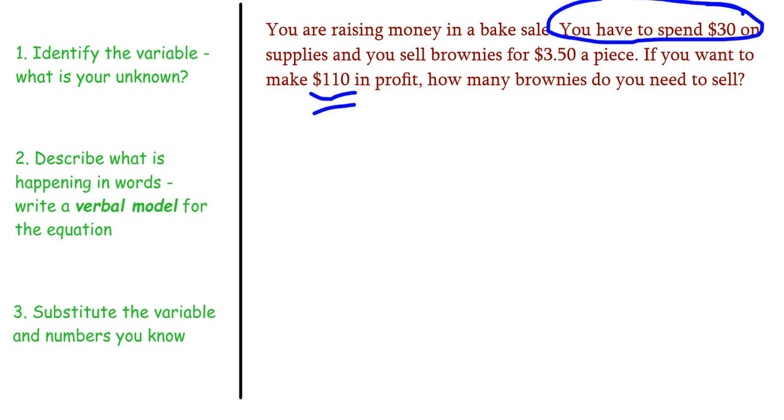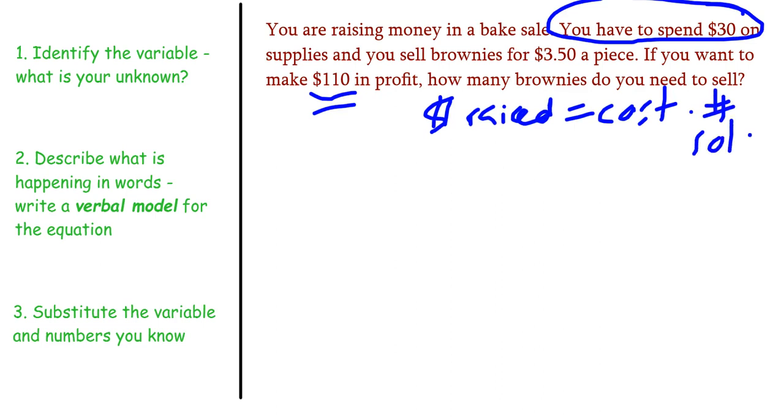So here we're still involved with the idea that the money raised is equal to cost times number sold. But we have a little bit of an extra hiccup here, which is we spent $30 on supplies and we want to make $110 in profit.